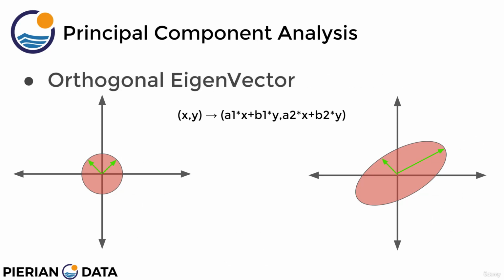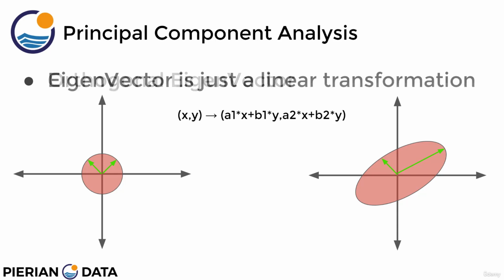Now, for every eigenvector, there's going to be an orthogonal eigenvector, which essentially just means it's perpendicular to the eigenvector. And we're going to be able to discover an eigenvector for each dimension of the feature data set. That is, for every single feature dimension, that is x1, x2, x3, x4, and so on, there's going to be an eigenvector that, after you perform a linear transformation, would correspond to the principal component.